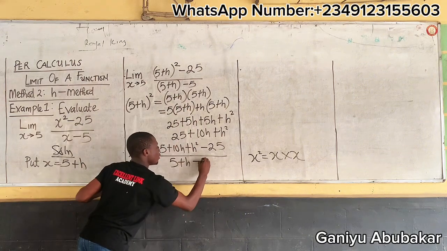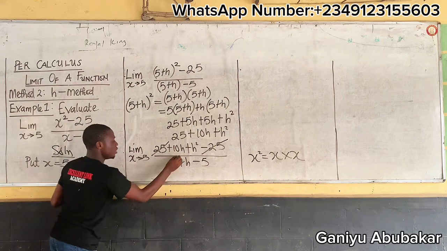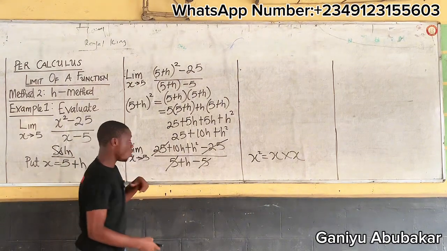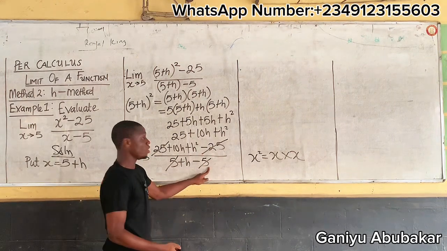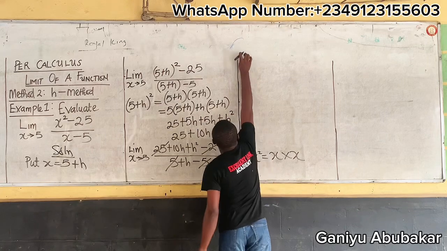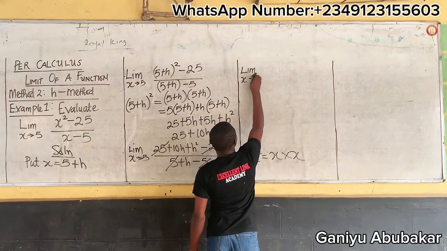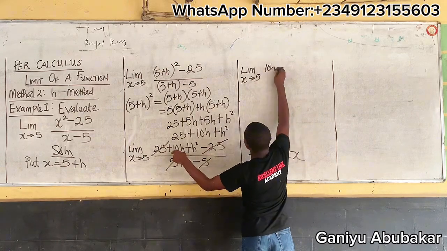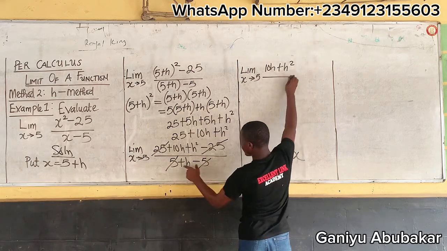I'll have minus 5. What do we observe? This we cancel this. This we cancel this as established in our previous example, right? Of course, plus 25 minus 25 is 0. So here I'll have the limit as x tends to 5, right? So I'm left with just 10h plus h squared all over what there? h.